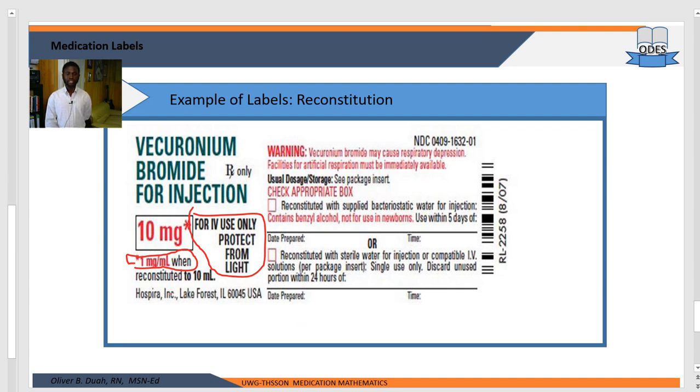Why did we get 1 milligram per ml? Well, you have 10 milligrams of the medication. And so if we reconstitute with 10 ml, we divide 10 milligrams per 10 ml, 10 will cancel itself and cancel here.